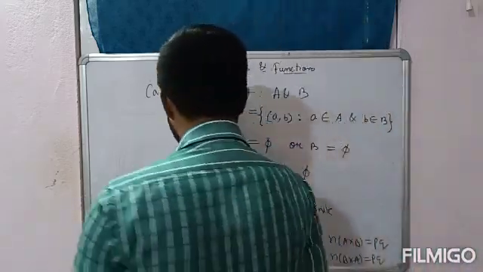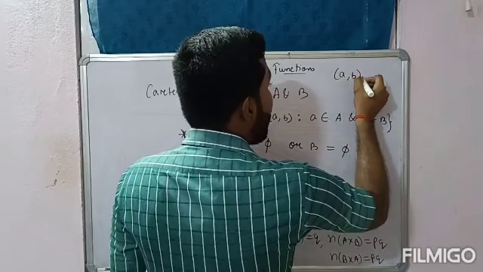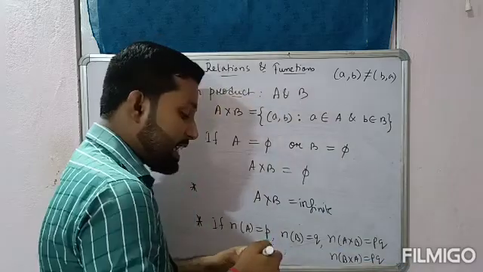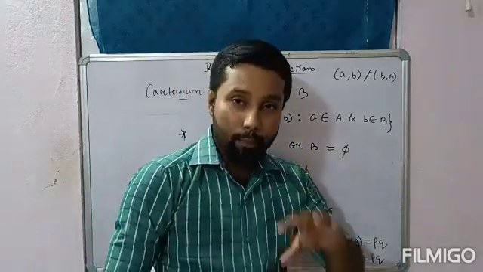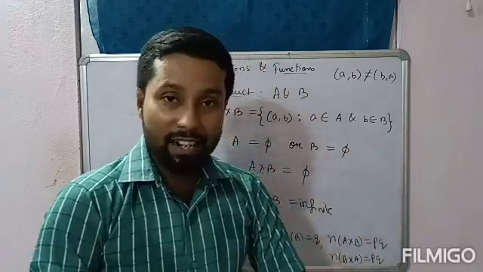And one more important point of Cartesian product is, since we all know that A comma B is not equal to B comma A, meaning after interchanging the position of the components, the ordered pair is changed, right?